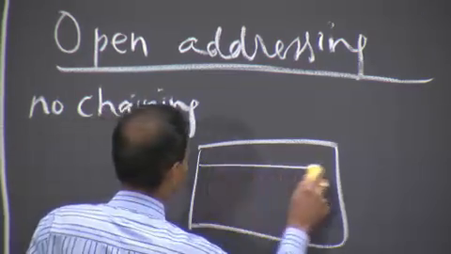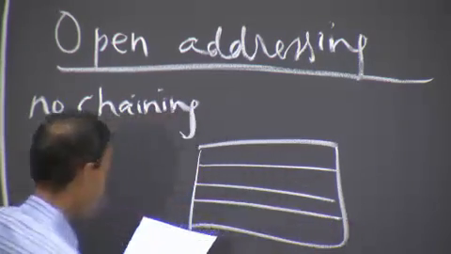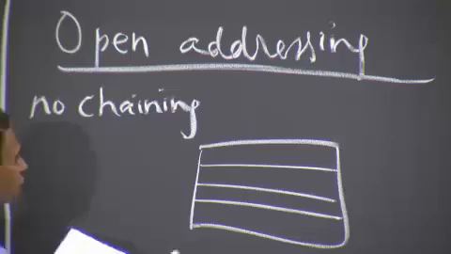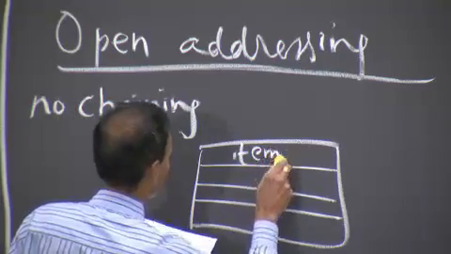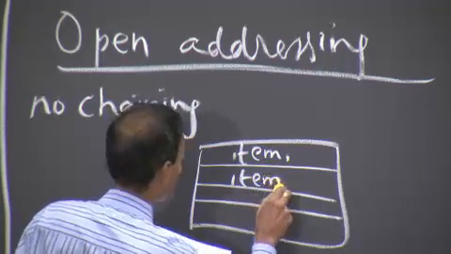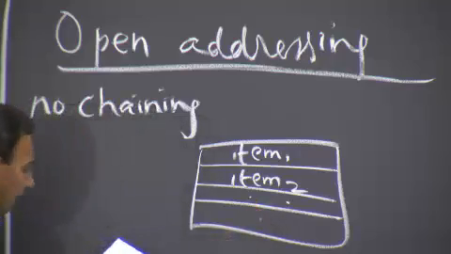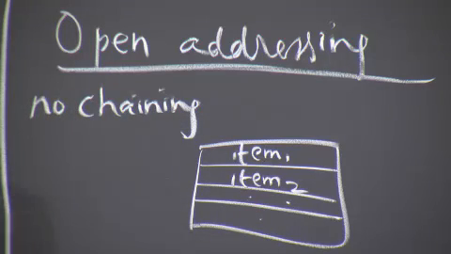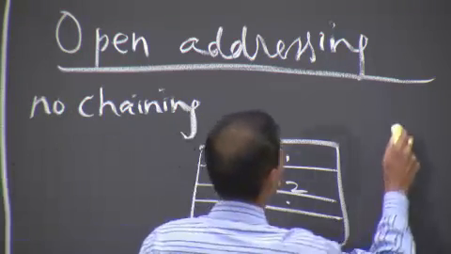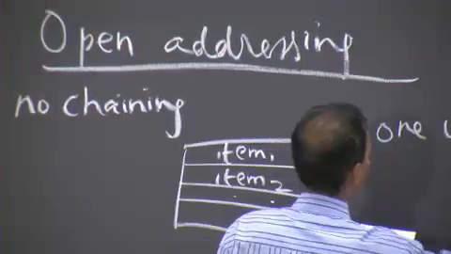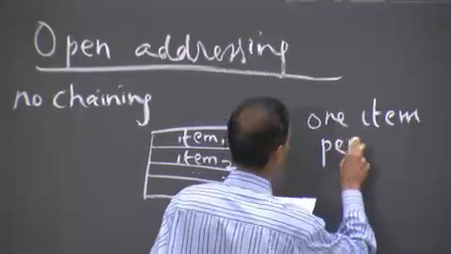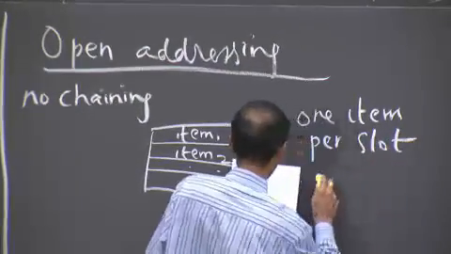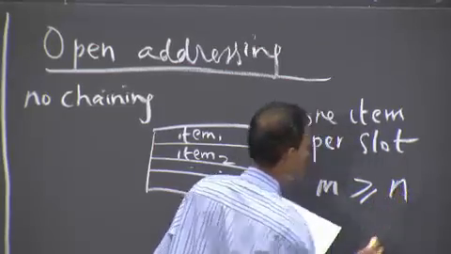And in particular, what we're going to do is assume an array structure with items. And we're going to assume that there's at most one item per slot. So m has to be greater than or equal to n.